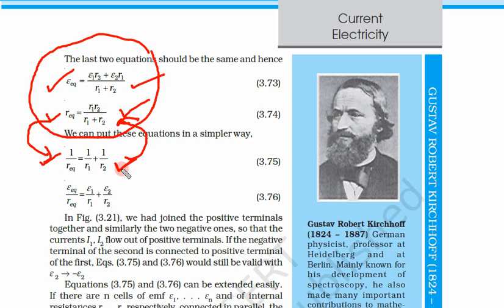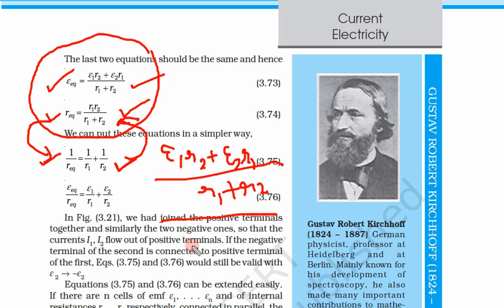So let us do the division. If we divide this by this, what is epsilon equivalent? Epsilon 1 R2 plus epsilon 2 R1, upon R1 plus R2. So this is epsilon equivalent.